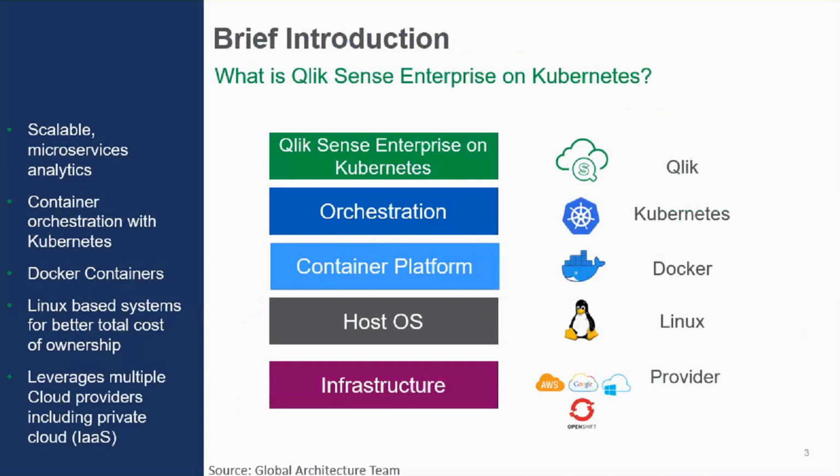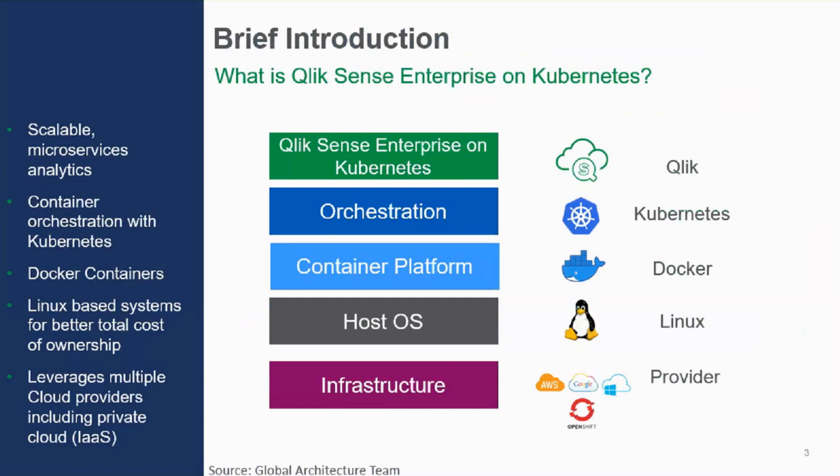Maybe this is your first time hearing about this product or you know a little bit about it, but primarily Qlik Enterprise on Kubernetes is a scalable microservices analytics platform. It's built on top of Kubernetes, an orchestration layer for containers. It uses Docker containers.